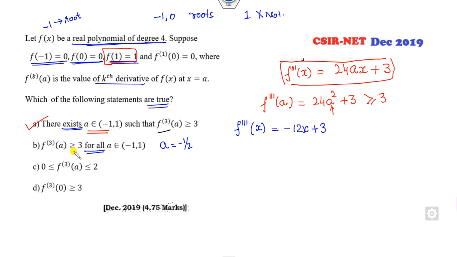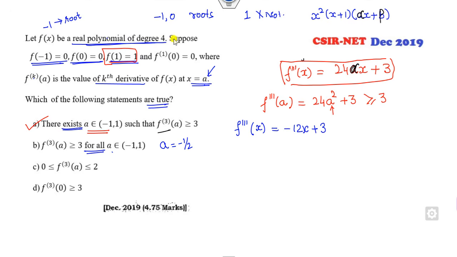Is it greater than or equal to 3 for all? No. Why? Because here a is already given to you. I have taken the polynomial as ax plus b, and I think I have used the same a. So I can't use the same a. I use this as alpha and this as beta. So it is my alpha.